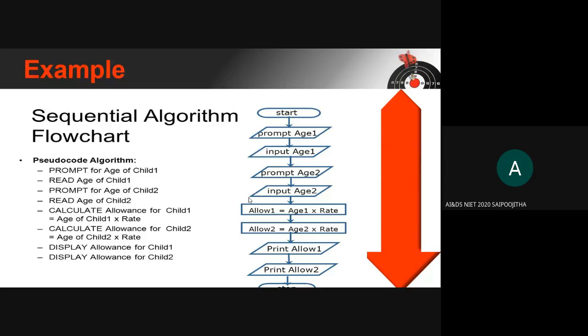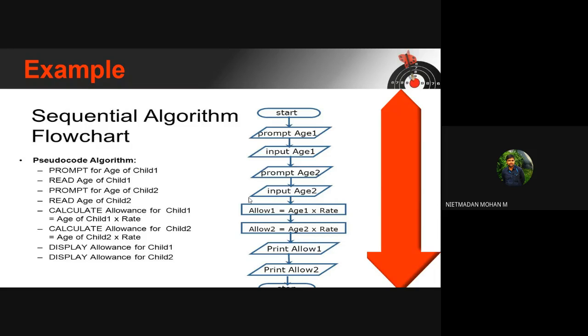Calculating allow 1 and allow 2, sir. Calculating allowance. Okay, the allow as mentioned was given in the pseudocode. That is an allowance; in a flowchart we can mention any kind of thing.